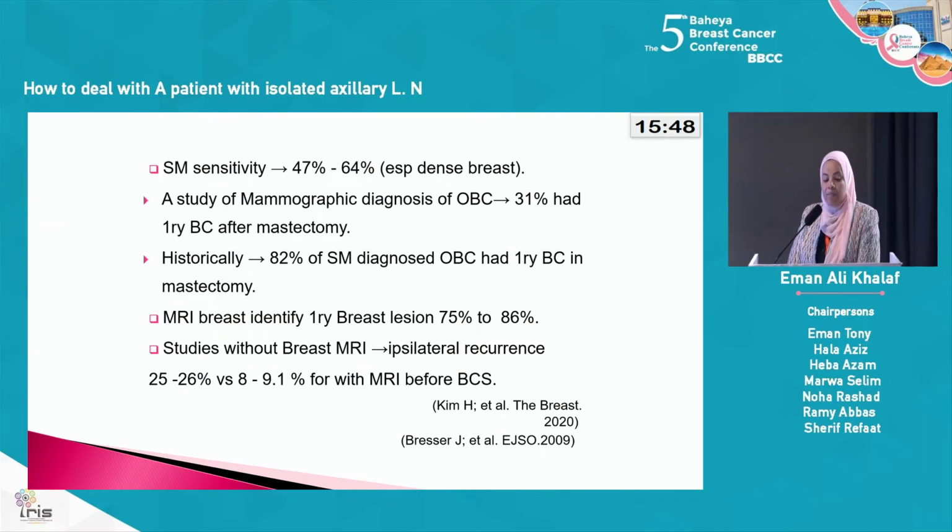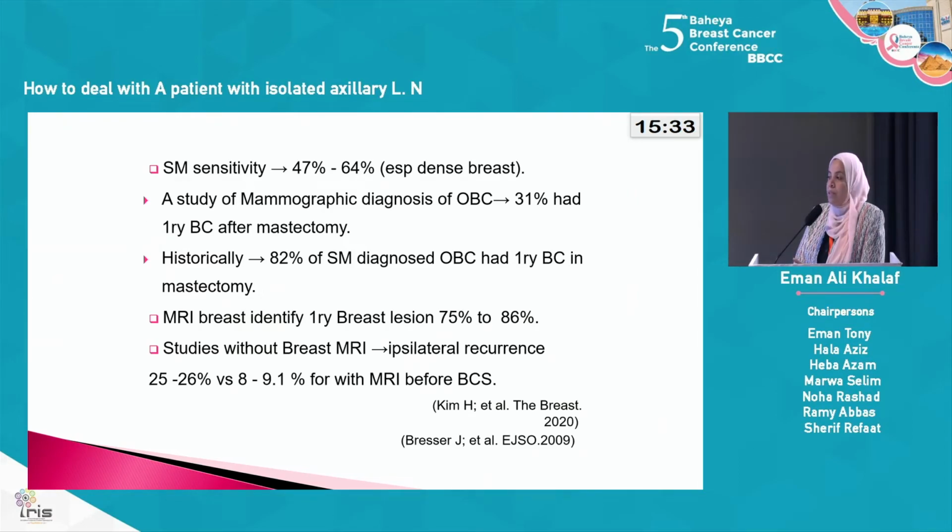While the MRI breast can identify the primary breast lesion in more than 70 to 80% of mammographic negative occult primary breast cancer. The MRI breast is not important only for diagnosis.